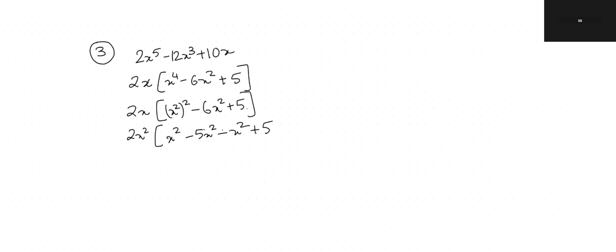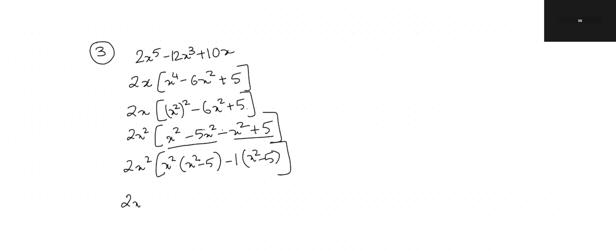Okay, now we make the groups of 2. So this will give us x squared times x squared minus 5, and this will give us x squared minus 5. So this will be 2x squared, x squared minus 5.